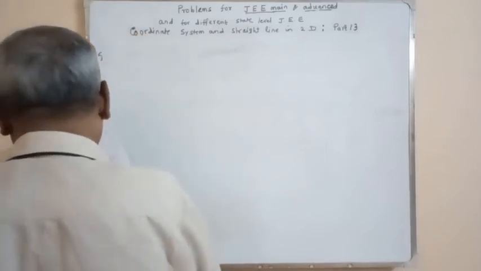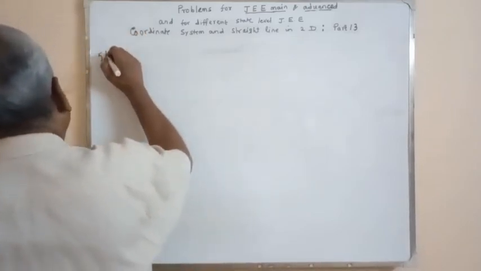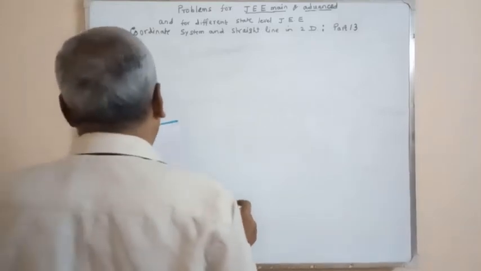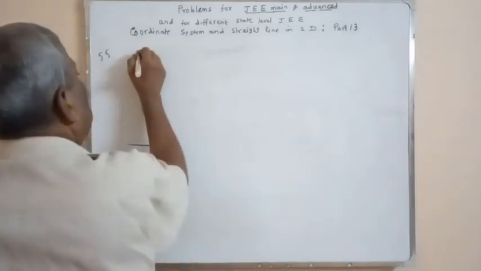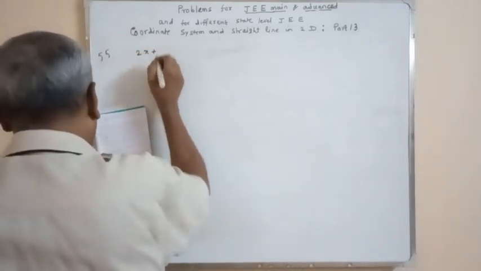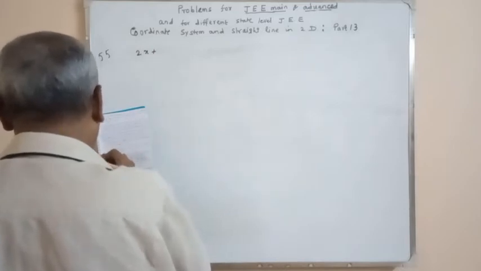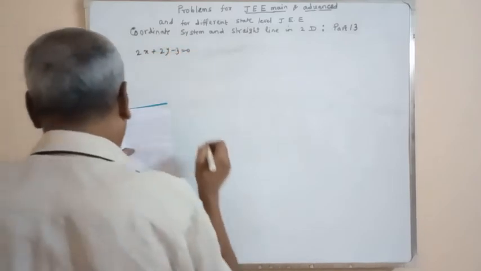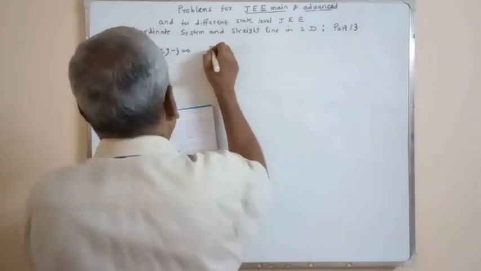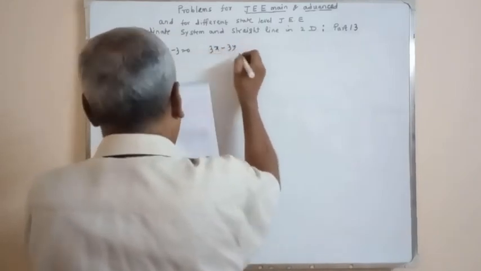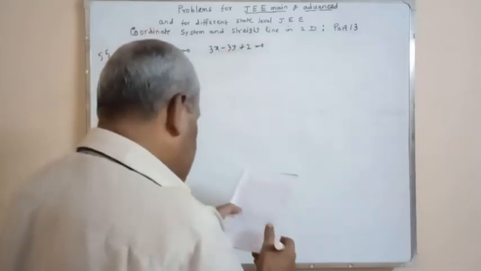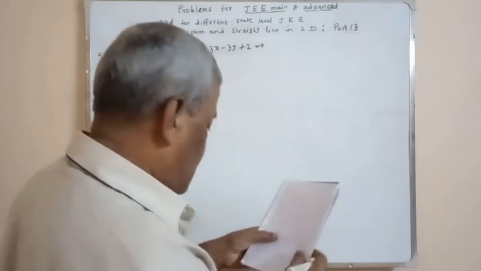Next problem is problem number 55. And this problem is: the equation of the bisector of the angle between 2x + 2y - 3 = 0 and 3x - 3y + 2 = 0, in which the origin lies.